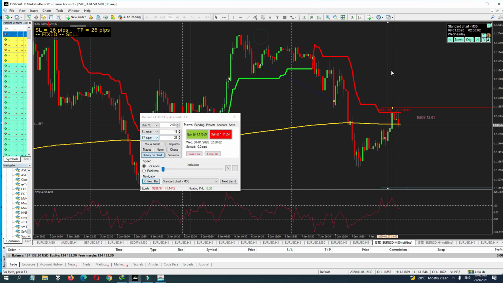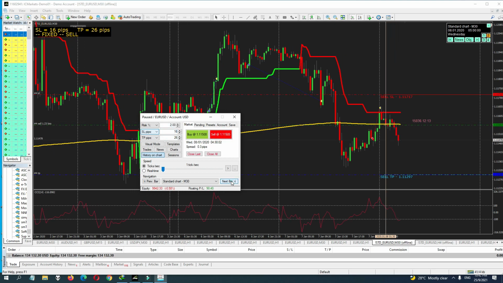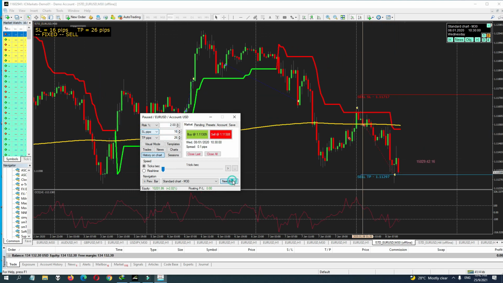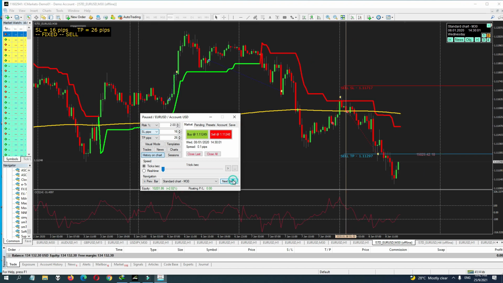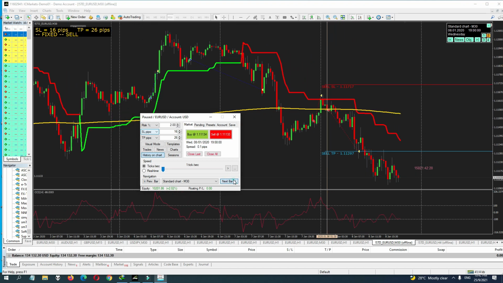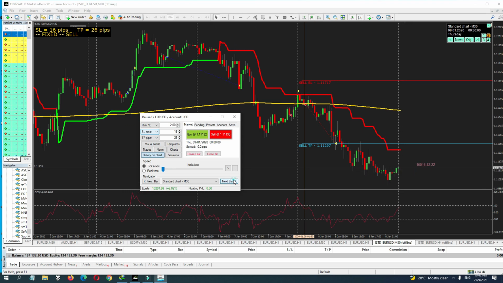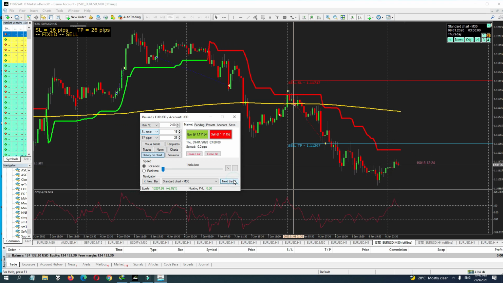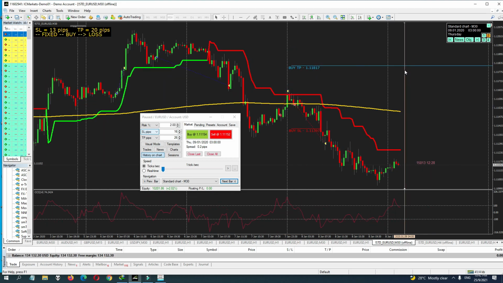We have another sell here. It goes below 100, and price is below that, and Supertrend is red. So you sell again. You got it. All right, here's another one.